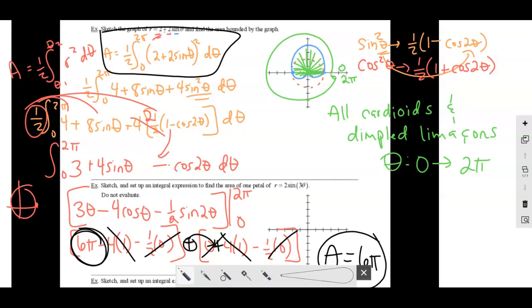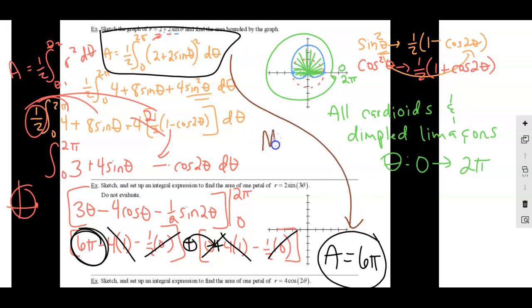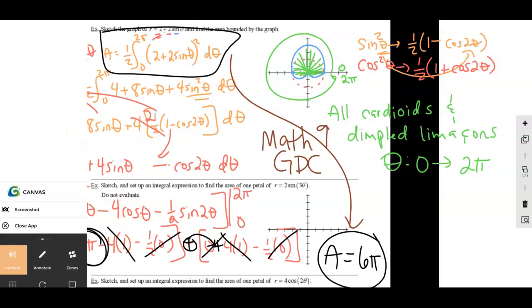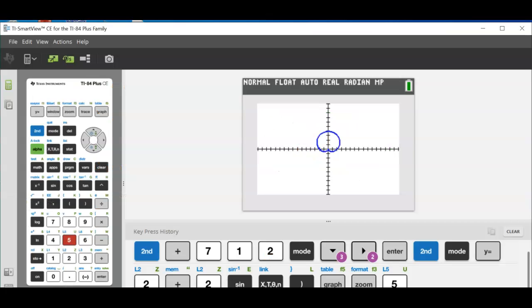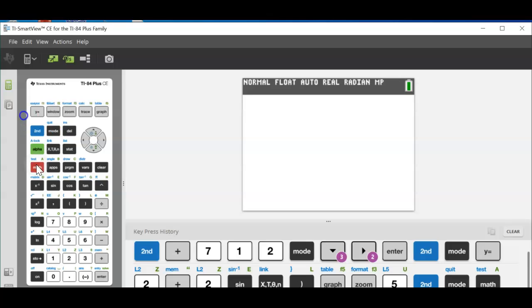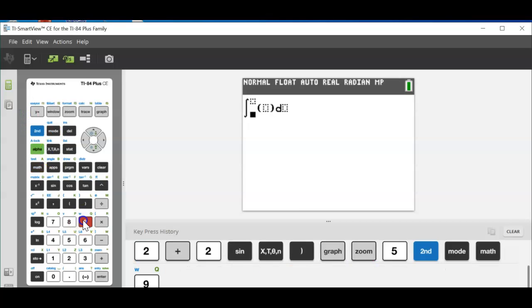By the way, let's just check it. Let's use the calculator and check it. Remember, math 9 with our GDC should hopefully be able to get this thing done. Let's see, switch it back. Let's get out of there, quit. Let's do math 9, and then I guess we need to put the 1/2 in first.